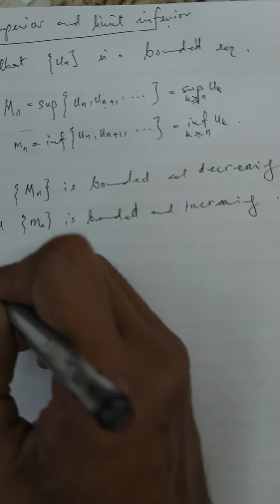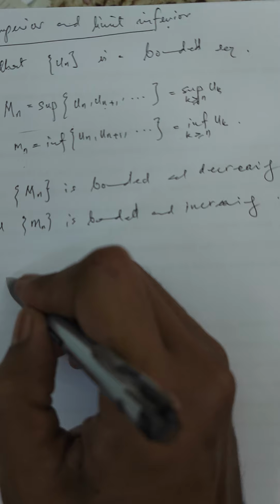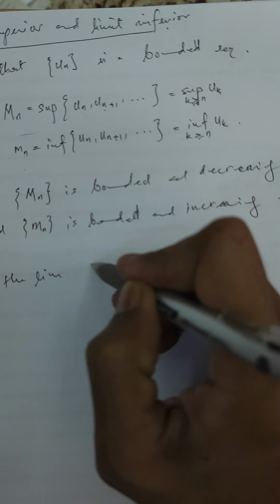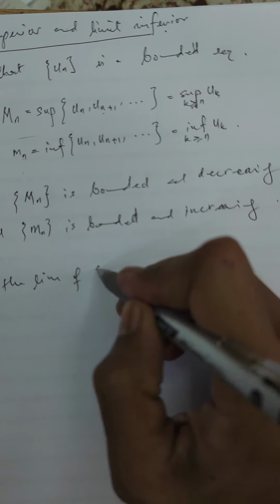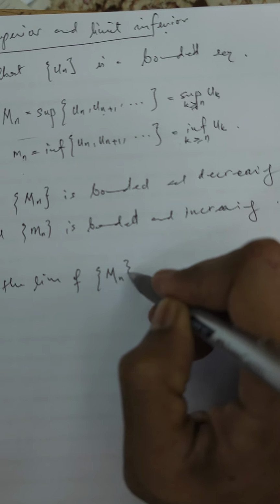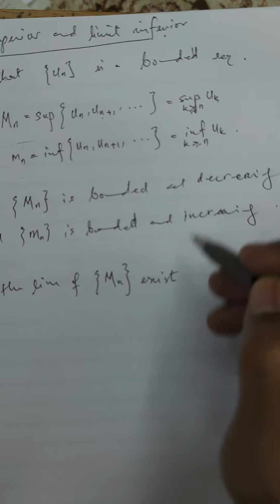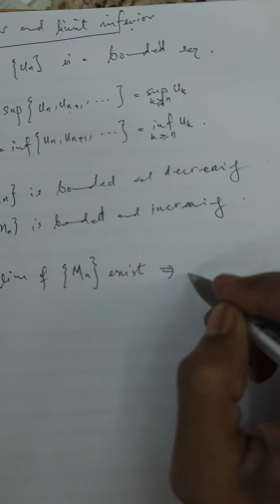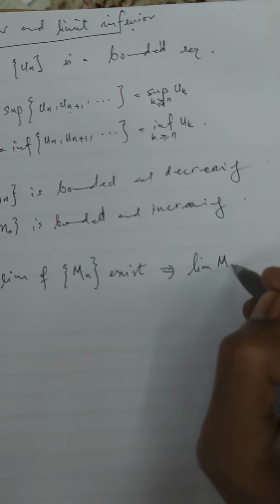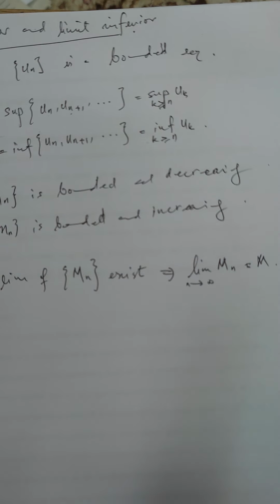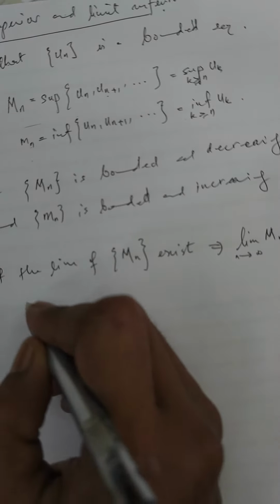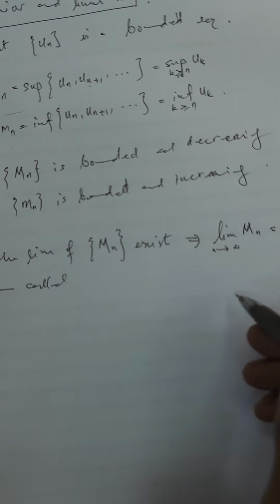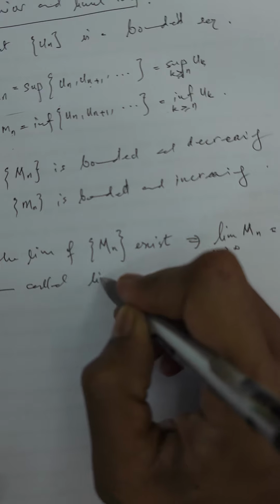So if the limit of Mn exists, which means if we take the limit of Mn as n goes to infinity, it gives some number, let's say M, then the limit exists. So we call it the limit superior of the sequence.